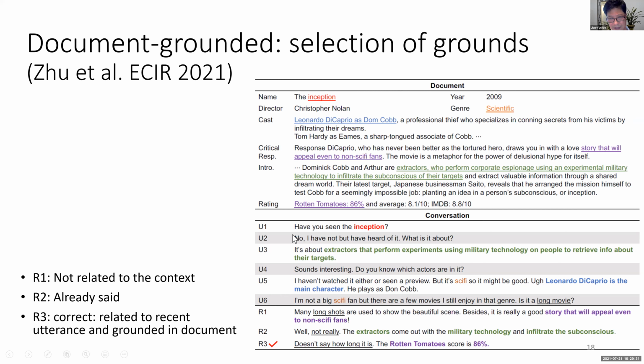Another factor to consider is that this fact in green has already been mentioned in some previous turn, so it is not necessary to just repeat the same information. So at the end, what we want to select is R3 in this example.